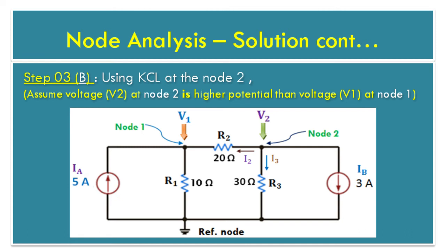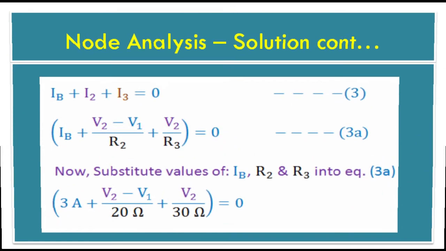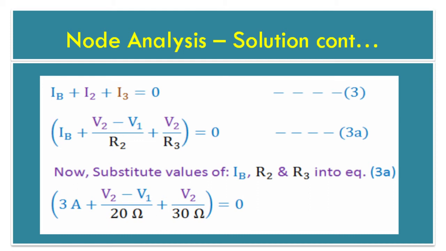Now substitute values of current source IB, resistor R2 and resistor R3 into equation 3 as current 3A plus voltage V2 minus V1 upon 20 ohm plus voltage V2 upon 30 ohm is equal to 0.